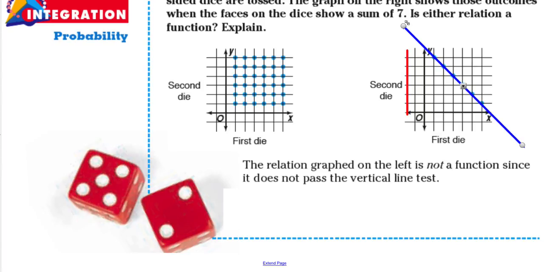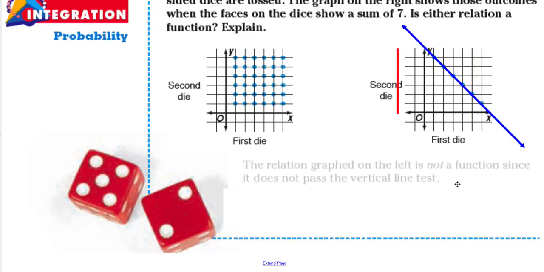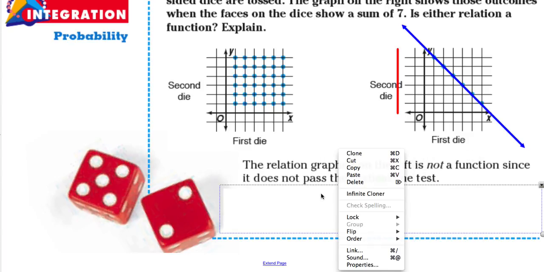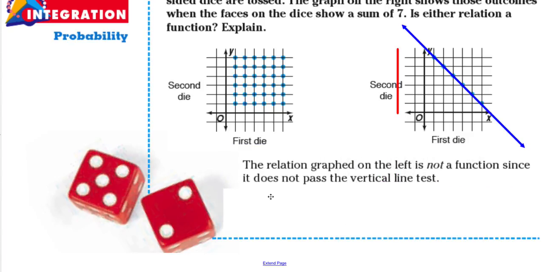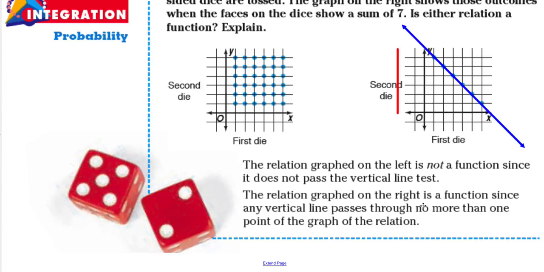Right there, that's my straight line. If I use my vertical line, every single time I move this vertical line across the graph, it only passes the line at exactly one point. So the right graph is considered to be a function. The relation graph on the right is a function since any vertical line passes through no more than one point of the graph of the relation.